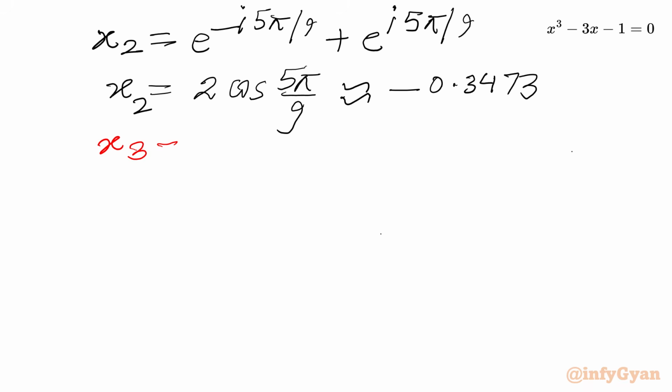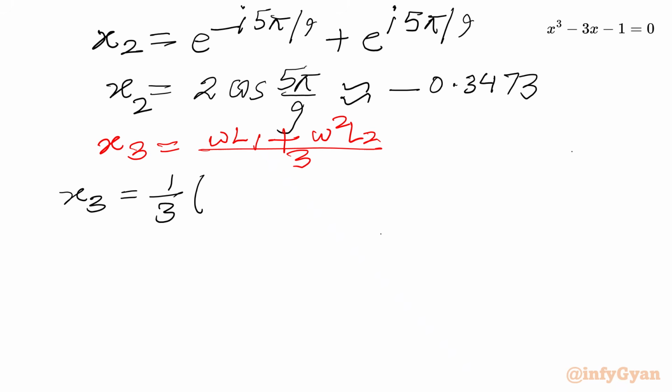Now we will take up the x3 formula. So x3 is equal to omega L1 plus omega square L2 over 3. So we will find it by taking 1 over 3 outside. So x3 will become 1 over 3 in bracket omega L1 plus omega square L2. Omega is e power i 2 pi over 3.